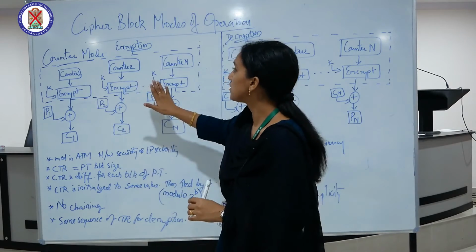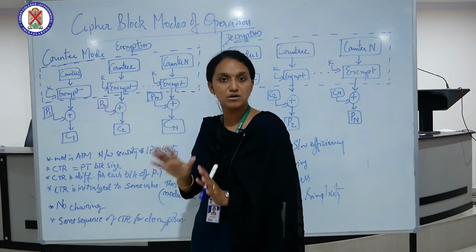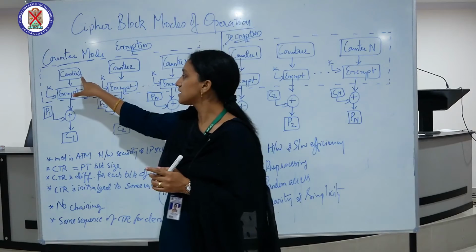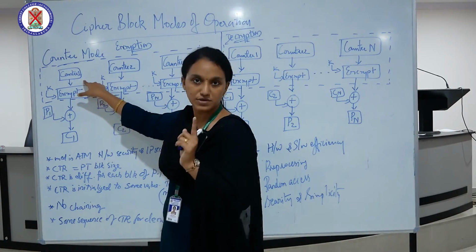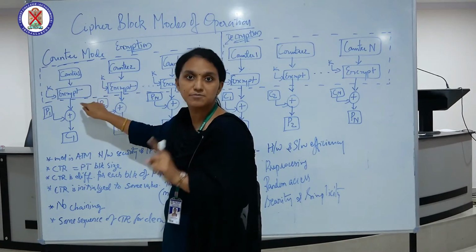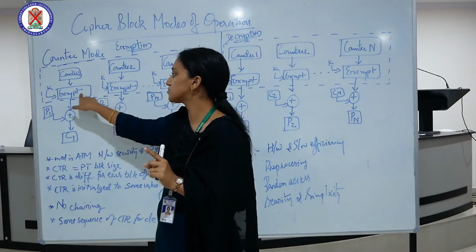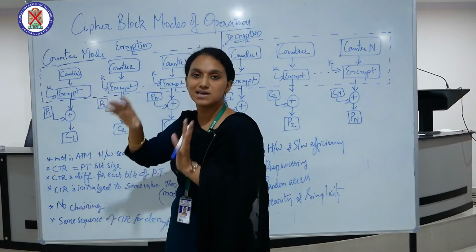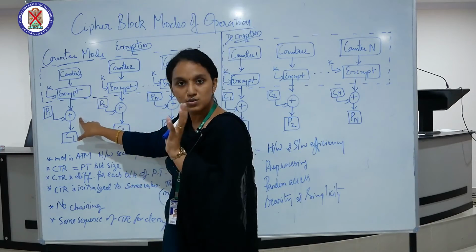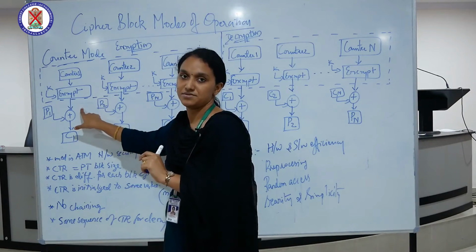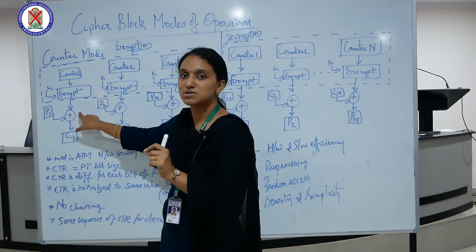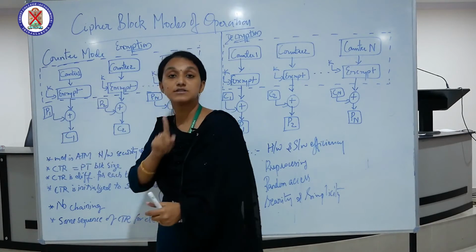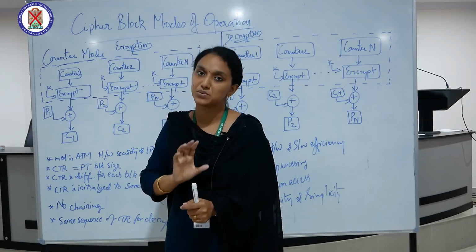Moving on to the encryption process of counter mode, you have counter 1. You take the first counter and encrypt it using some encryption algorithm with key K, and you get an encrypted counter. That encrypted counter is XORed with the first unit of your plaintext, P1.